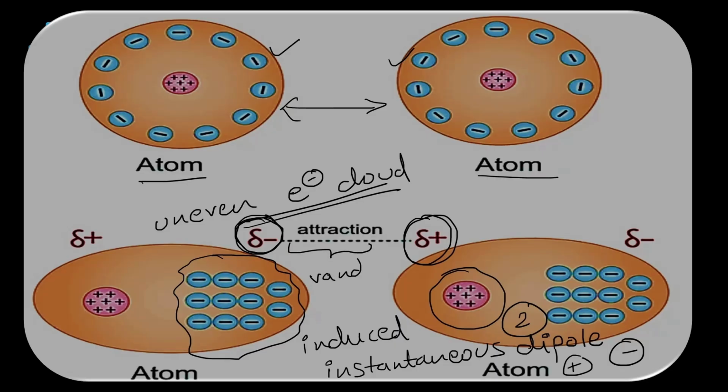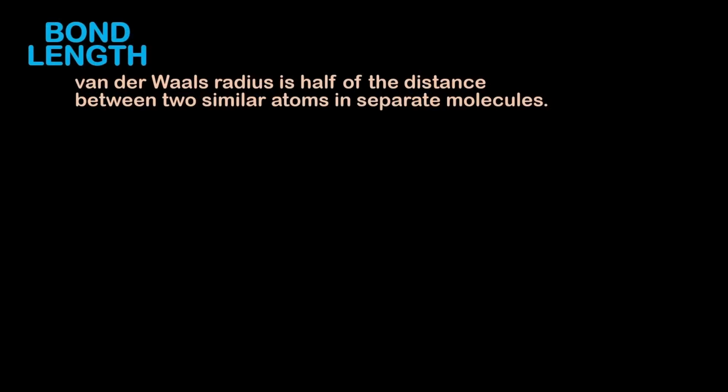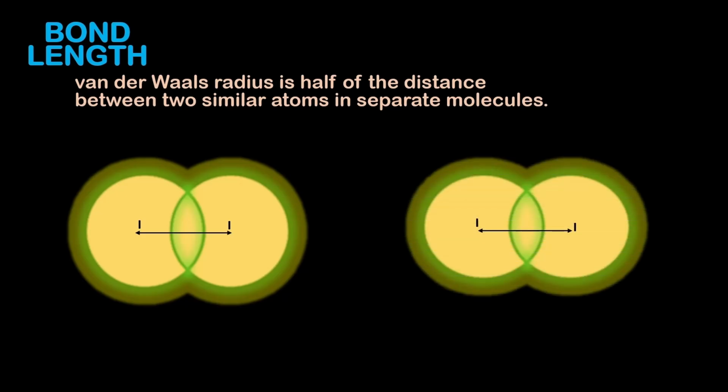And this attraction is what we term as the van der Waals force of attraction. And thus, we are going to measure the van der Waals radius. For that, let us consider two iodine molecules, number 1 and number 2.